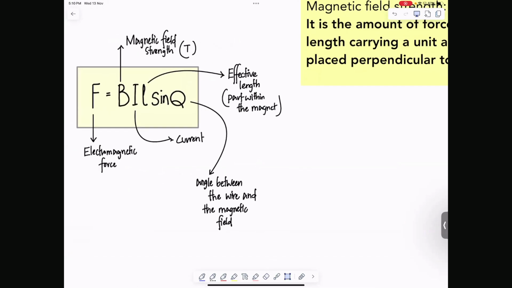So F equals BIL sin theta. F is your electromagnetic force. B is magnetic field strength. I is the current. L is the effective length. And theta is the angle between the wire and the magnetic field. Okay, so this is the equation.